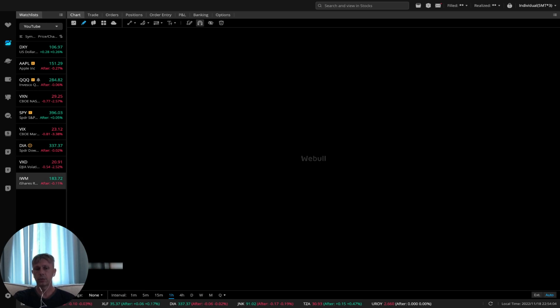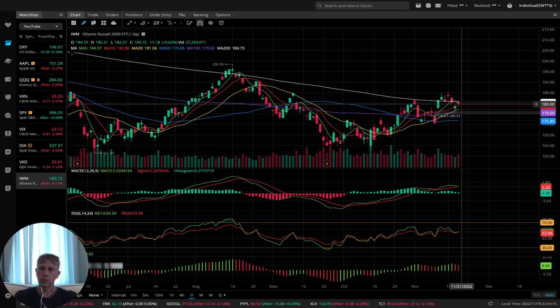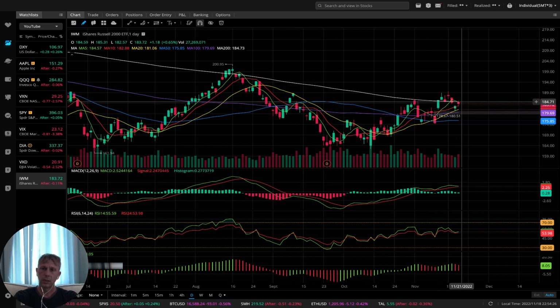IWM, Russell 2000, daily. It's already changing direction to bearish, right? It was bullish, and from this point it changed direction to bearish. It touched MA20 and bounced from MA20, touched MA5, MA20, MA200 again.